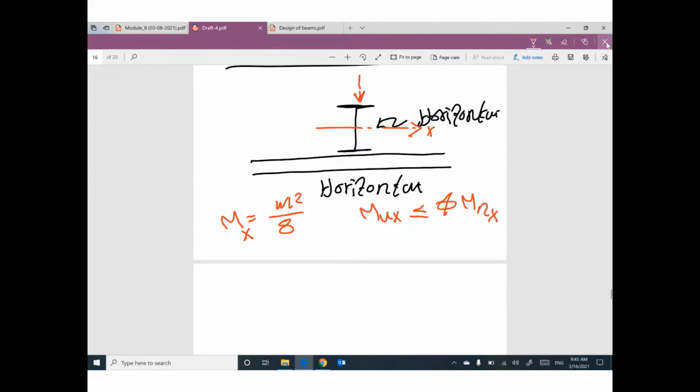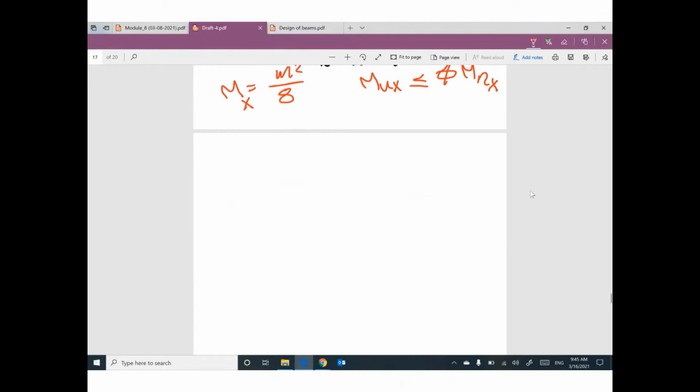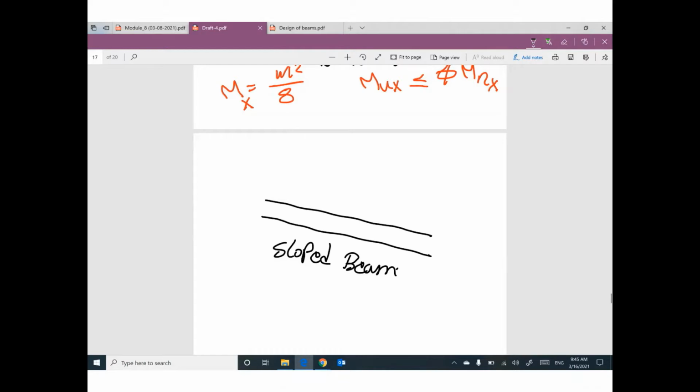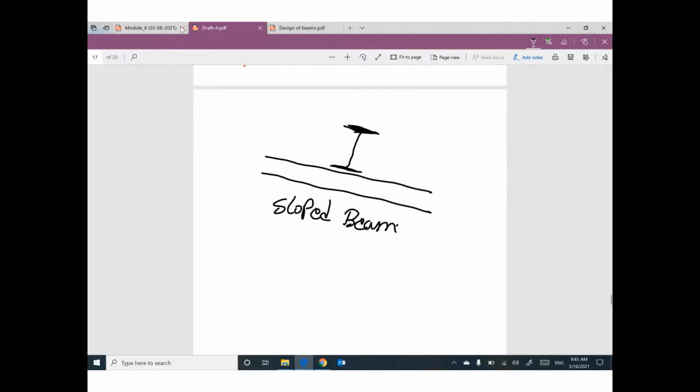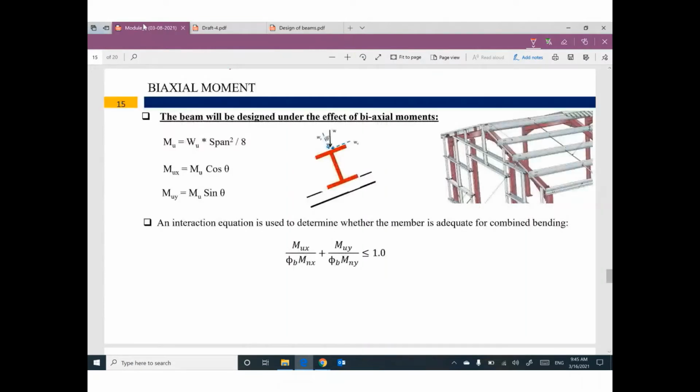What will happen if you have a rafter or sloped beam? So this sloped beam is supporting another beam. This is the case if we have purlins.